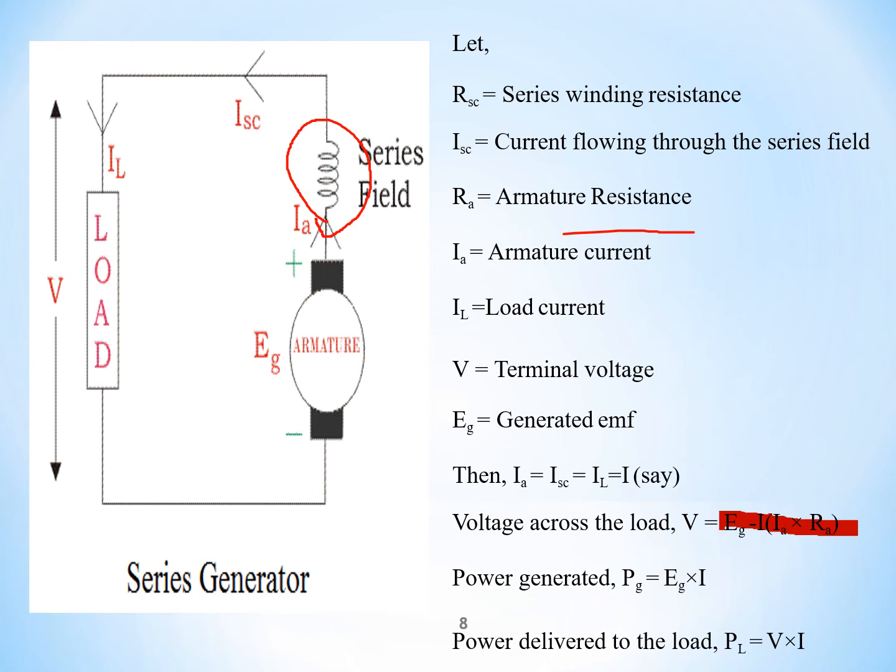So power generated, PG is equal to EG into I. Power delivered to the load, that is PL is equal to V into I. So this is according to the Kirchhoff voltage law applied here. So V is equal to EG minus IA into RA.